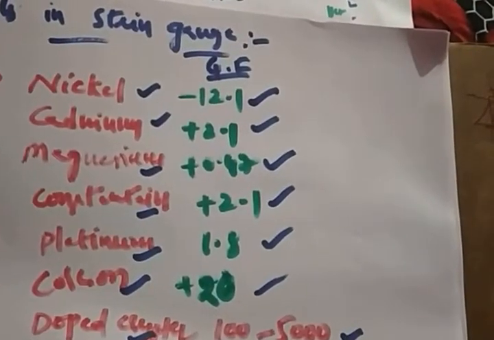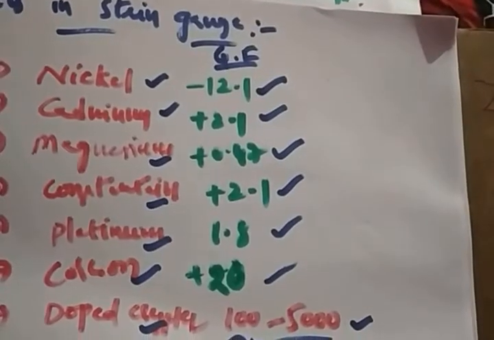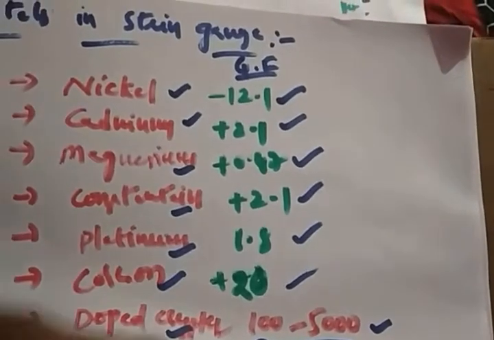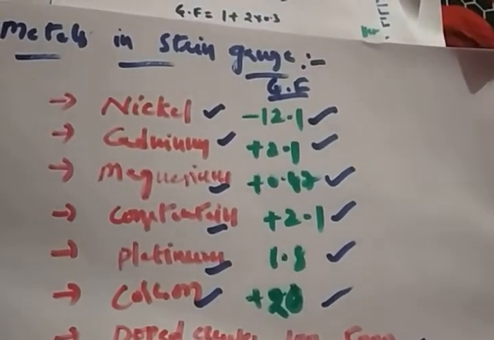After that, with the value of mu, we can easily define a gauge factor for the various metals. If Poisson's ratio is not given, we take it as 0.3. After that we discussed the various metals that are used in strain gauges.